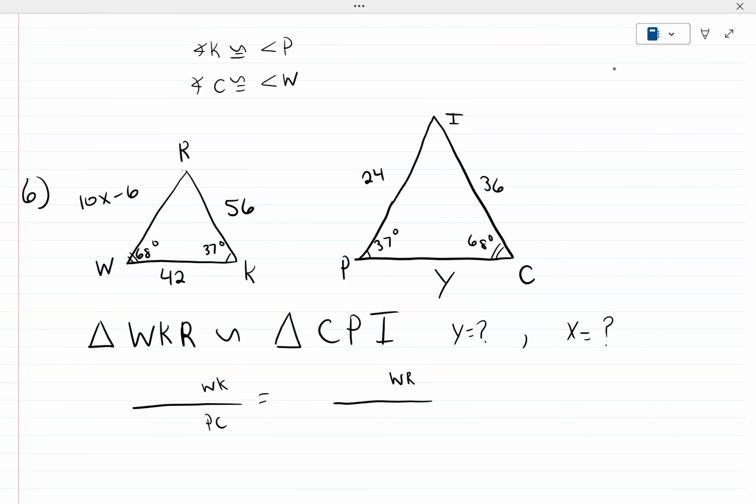So WR is the same with IC, because this triangle is flipped. So what is WK? WK is 10x minus 6, and then PC is Y. And then WR is, whoops, I got it backwards.